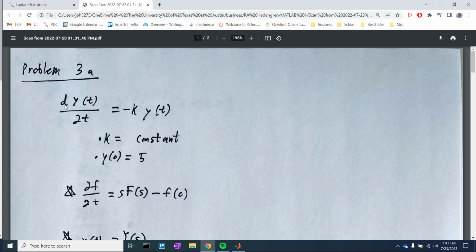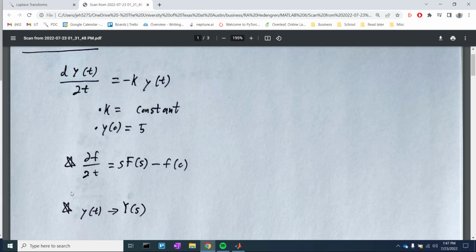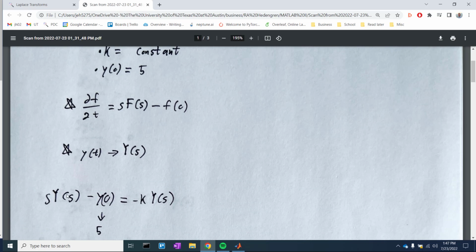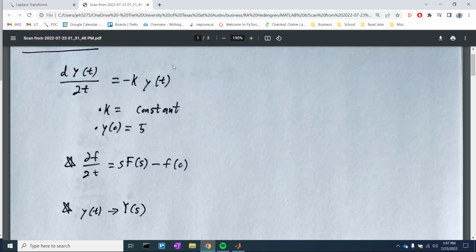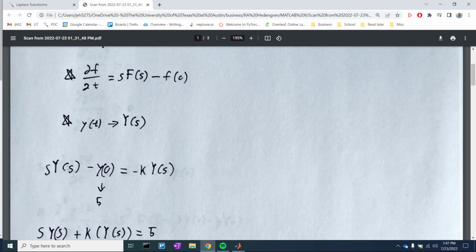So 3a says dy dt is equal to negative k y of t, where k is a constant and y of 0 is 5. So the first thing we'll look at, I have these stars for these Laplace transforms. So df dt is equal to s F of s minus f naught, and y of t is equal to capital Ys. So this derivative on the left-hand side and the right-hand side can be done independently, transforming.